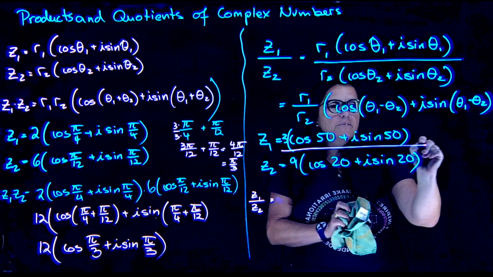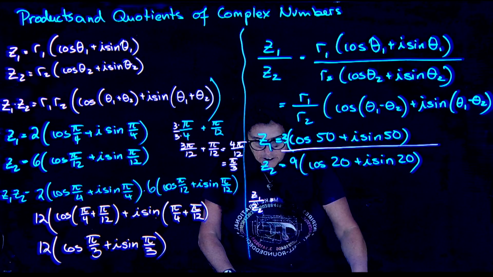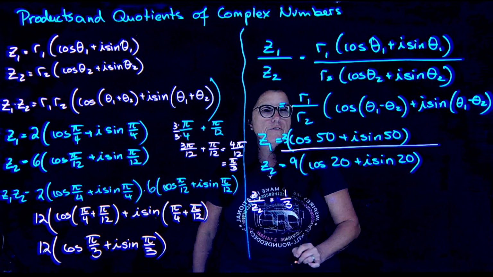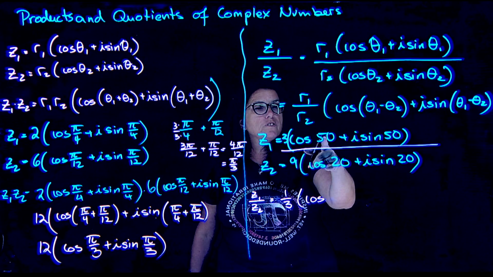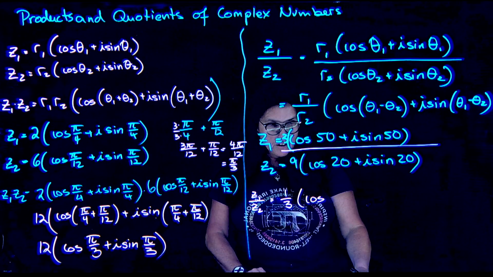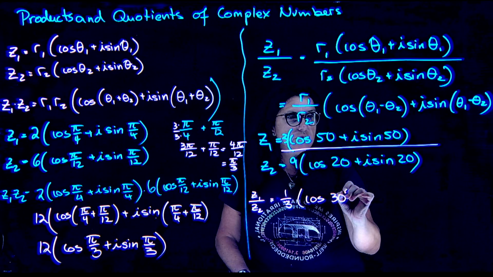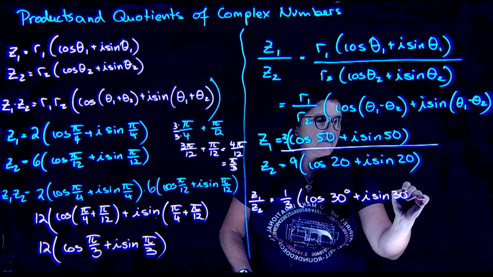So here we are. 3 divided by 9 is 1/3. So 1/3 times cosine of 50, which is my first angle, minus 20. In this case, 50 minus 20 is 30 degrees, plus I sine of 30 degrees.